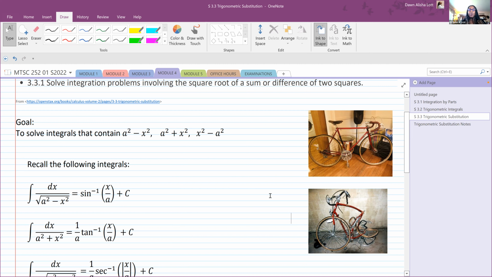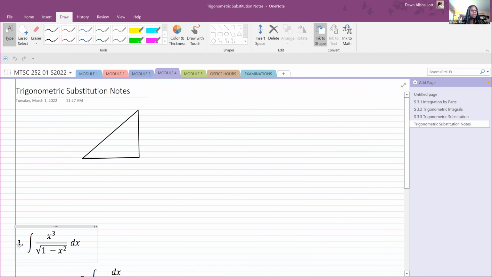We will then switch to the variable theta. If you end your problem in theta, that's like giving somebody back a broken bicycle. It's not the way they gave it to you. All the problems have to end in x. Okay, so that's what this little bicycle thing is here. All right, so first problem is this one.